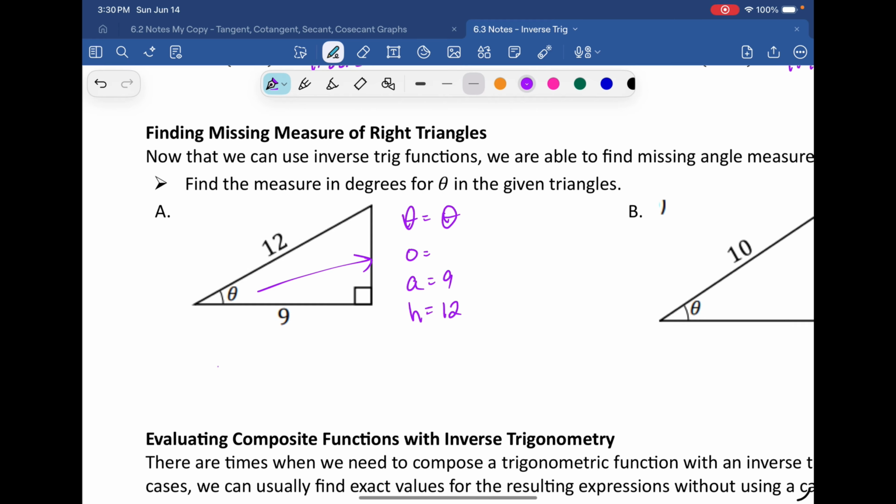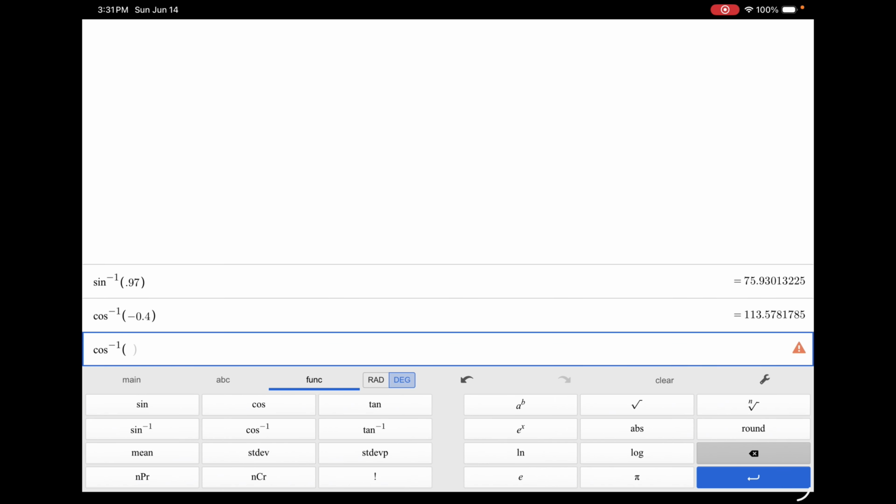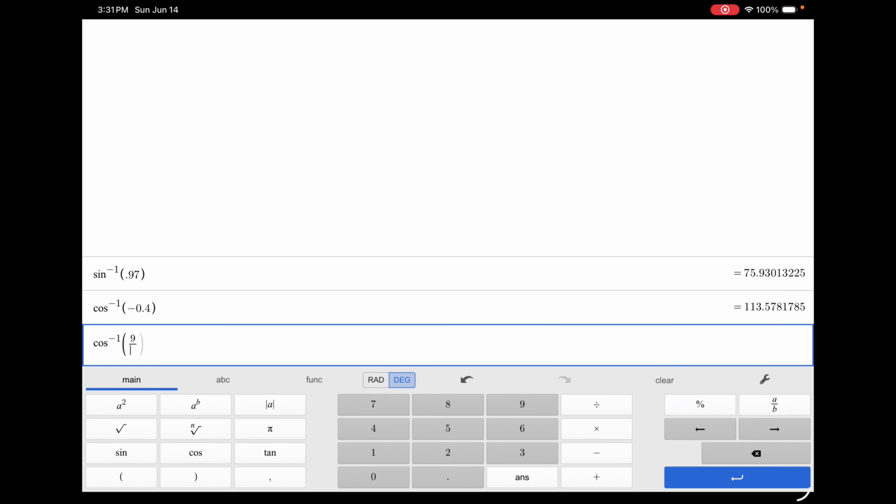Okay, so the way this works, inverse cosine of the ratio equals the angle. And it says use degrees, so switch that. Inverse cosine, 9/12, 41.410.